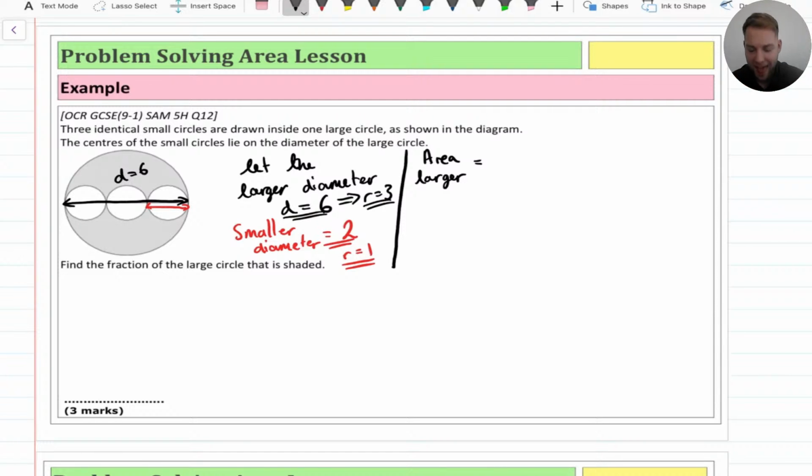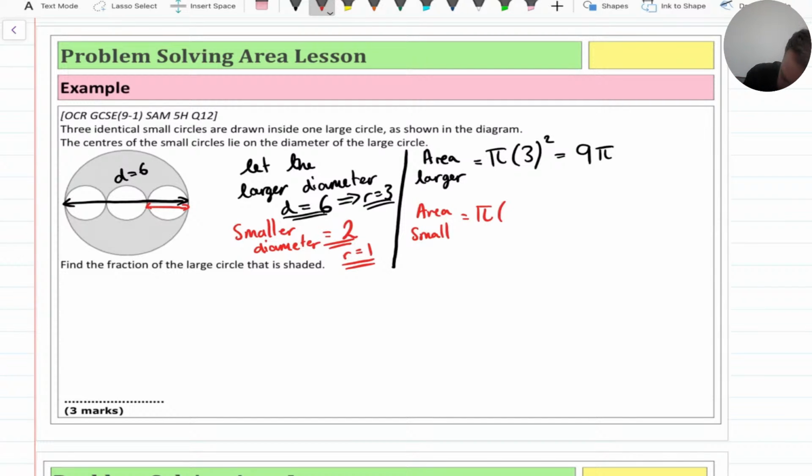So my larger area is going to be equal to pi times 3 squared. I'm going to keep this in terms of pi, which is equal to 9 pi. Then the area of the smaller circle is equal to pi times 1 squared, which is just pi.